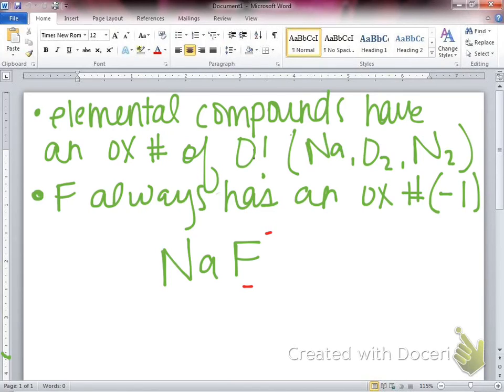We know that fluorine always has an oxidation number of -1, which means sodium's oxidation number must be +1, because we want our overall to be 0. So oxidation numbers are similar to charges, but they don't always match the charge we can see from the periodic table. Okay, so there's our rule with fluorine.